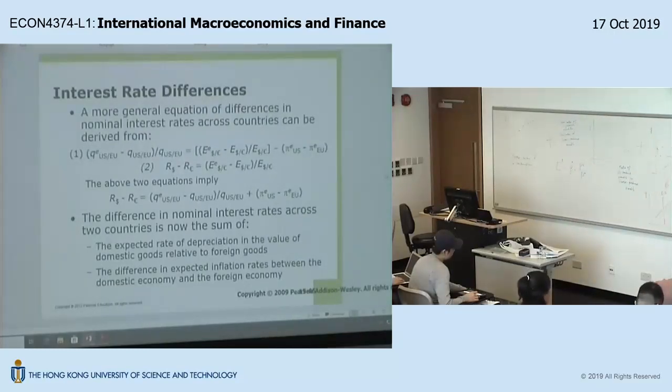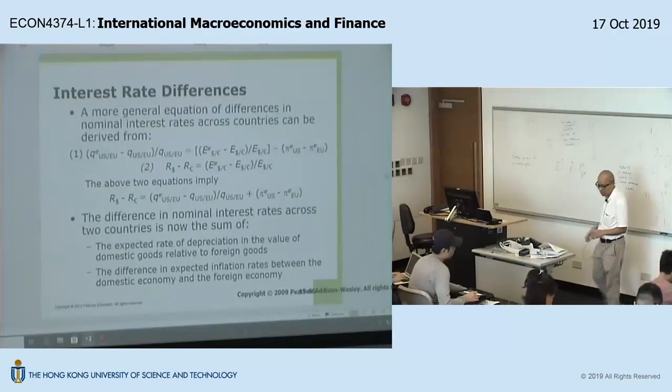If you still remember, previously we have the Fisher equation: R US minus R euro is equal to pi E US minus pi E EU. This is the Fisher effect.